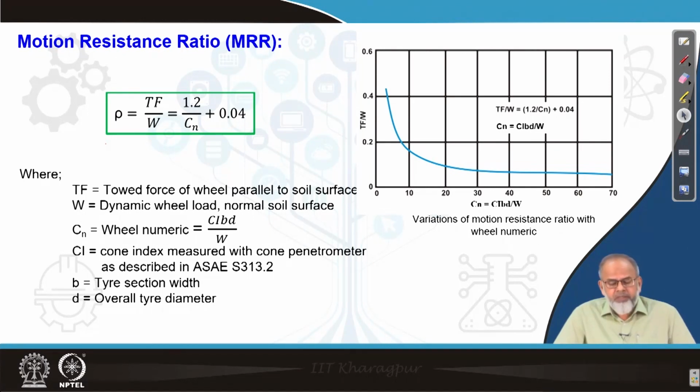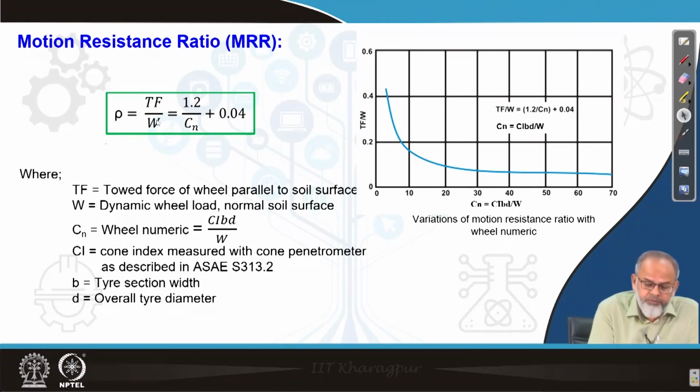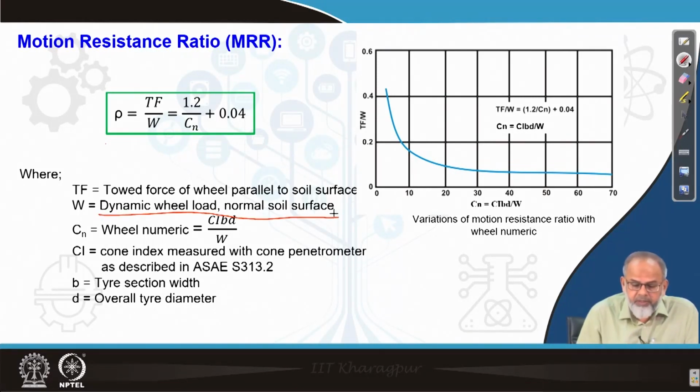Now, during pulling certain implements, since there is some weight transfer, this 65% divided by 2 has to be increased. So we should know the dynamic weight which is coming on the wheel. Then only we can find out the motion resistance ratio. So the W which I have indicated is the dynamic wheel load. Now, this is equal to 1.2 divided by Cn, plus 0.04, where Cn is the wheel numeric.